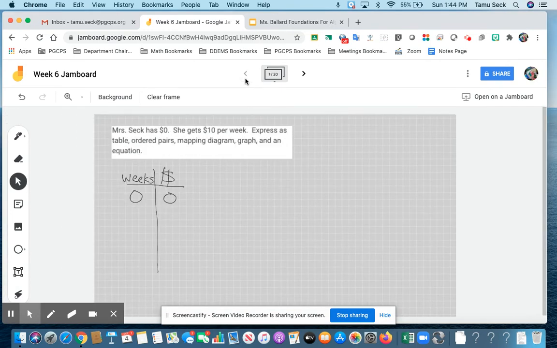In week 1, she gets $10 per week, so she has $10. In week 2, she gets $10 more, so she has $20. In week 3, she has $30. So the weeks increased by 1, and the money increased by 10.